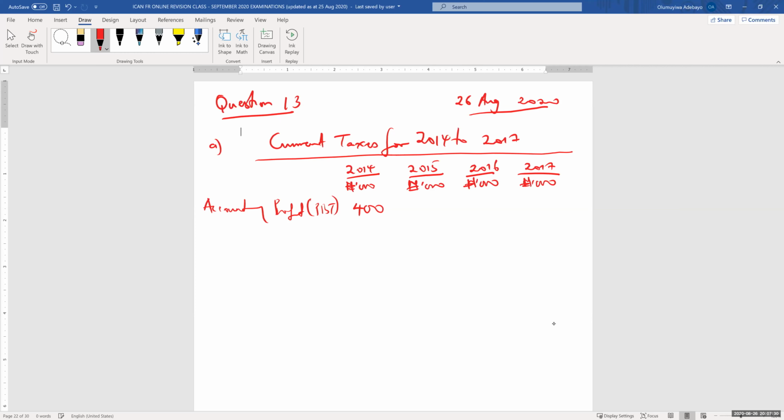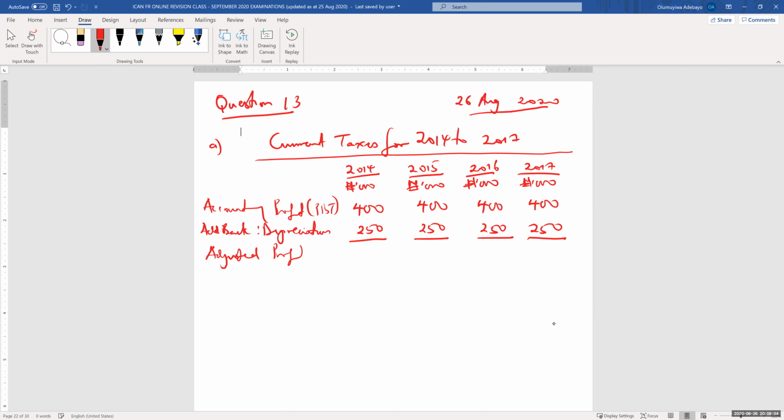Remember, it's fairly stable on an average of 400,000 naira per year. And recall, we added back our accounting depreciation, which was straight line depreciation of 250 across the 4-year period. From there, we obtain our adjusted profits, which stood at 650 across board.